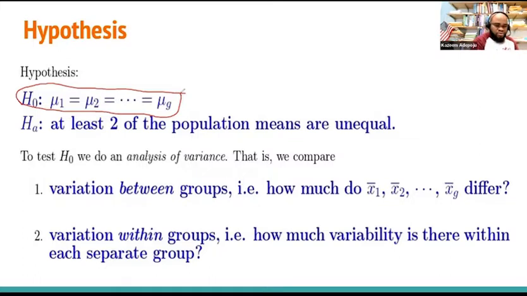If I have 5 groups, I'm going to write mu1 equals mu2 equals mu3 equals mu4 equals mu5. Now, the alternative is that at least 2 of the population means are unequal. This is the way you're going to put it all the time. Now, what do we want to test? We want to test H naught. The H naught is more or less saying that the response is the same across groups.